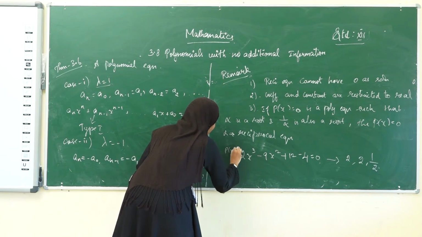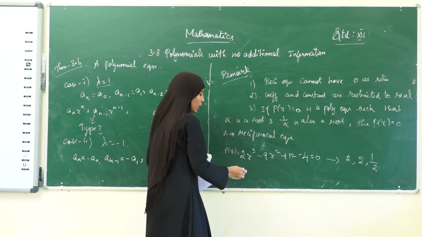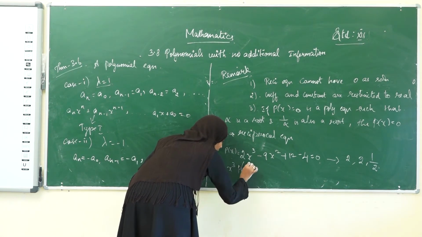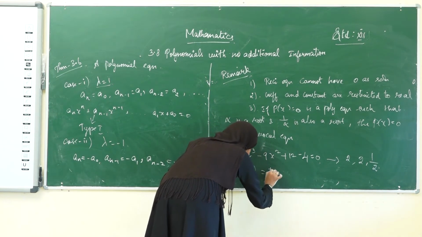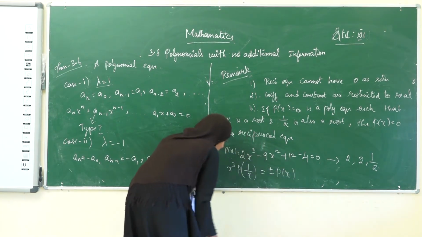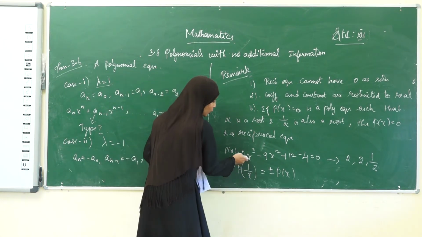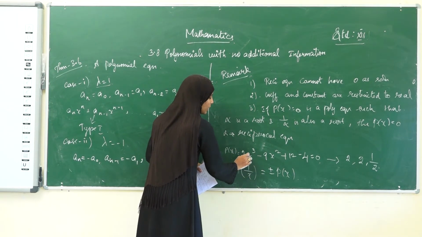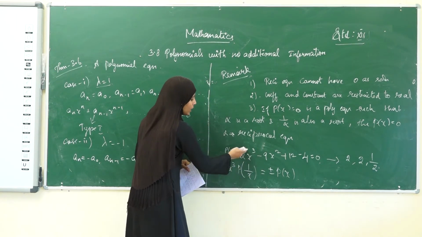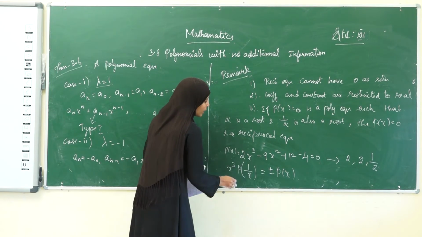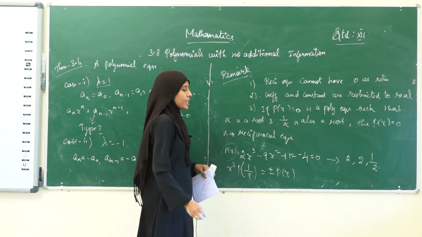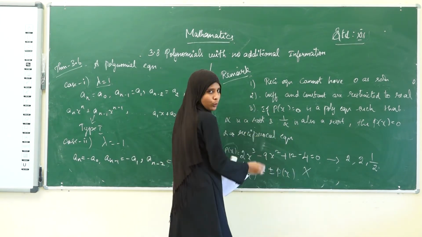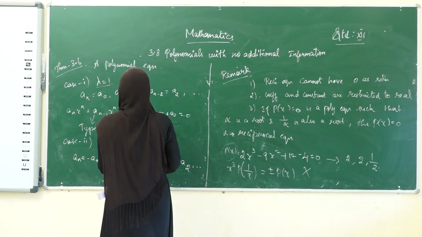This is p of x. It is of order 3, therefore we have to prove that x cube into p of 1 divided by x is equal to plus or minus p of x. When we change x to 1 by x and multiply with x cube, we do not get this polynomial equation. Therefore, this is not a reciprocal equation. So this condition is not true for every polynomial equation.